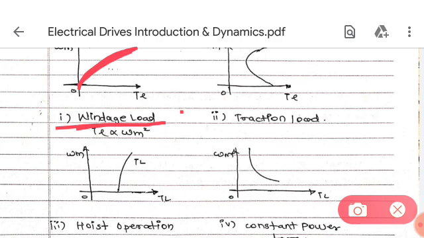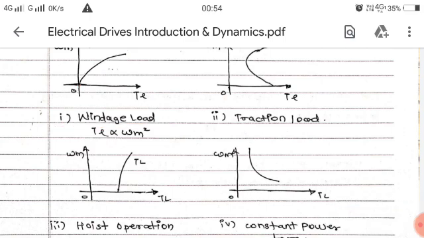It is an exponential curve, because the opposition depends upon the speed square, or TL is proportional to speed square, therefore the characteristic is like this.